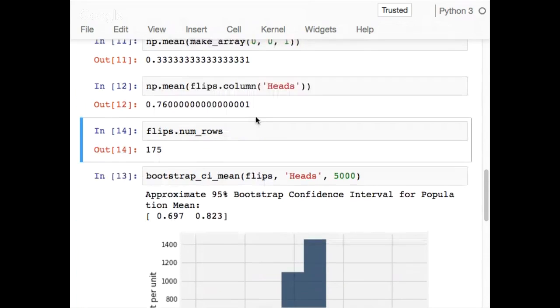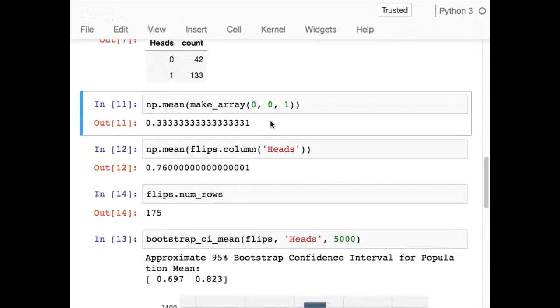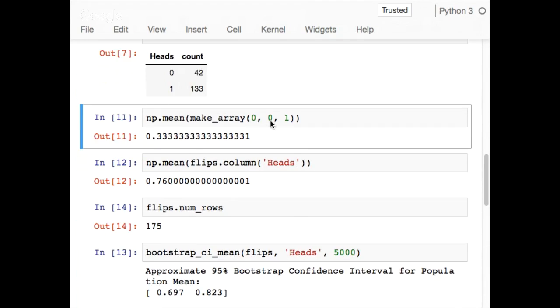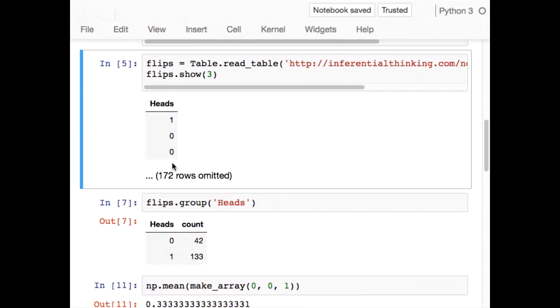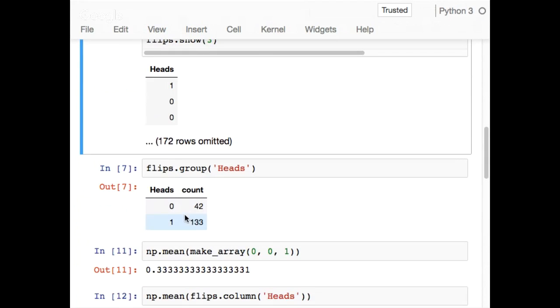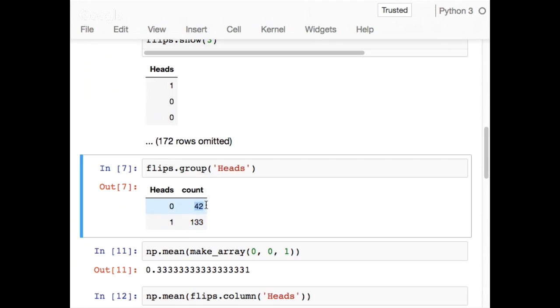In this case, what are we doing? I mentioned before that when we bootstrap, we pretend that our sample is a population, right? And you can see that happening here. When I take my flips and resample from my flips, notice that in my flips, there were 133 heads and 42 tails. So every time I pick out a coin flip from my flips table, it's about 3 times as likely to get heads as it is to get tails.